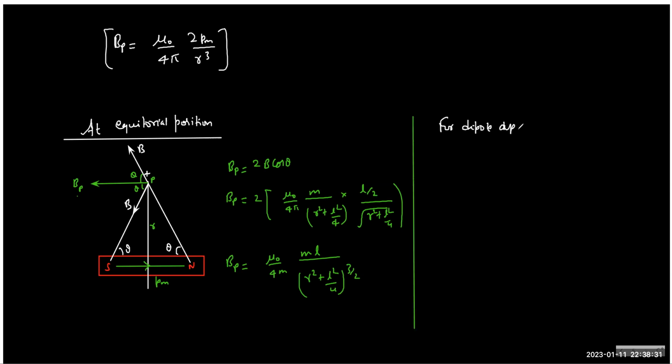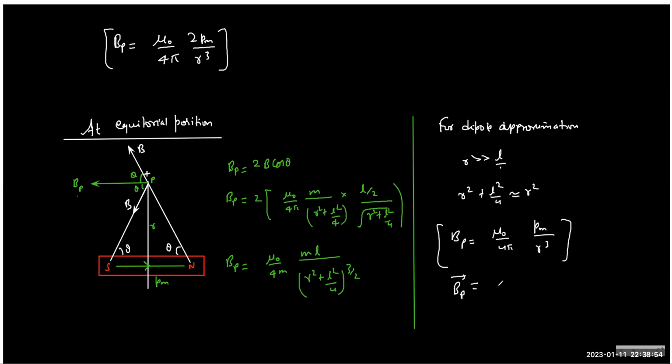So for dipole approximation, in the first case, the axial position, the BP and PM are parallel to each other.